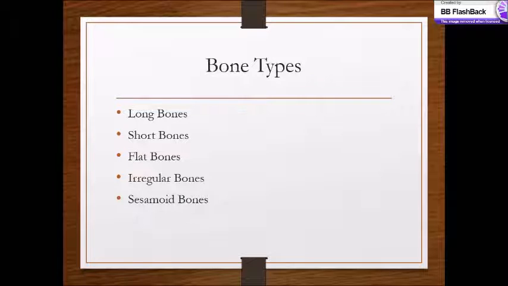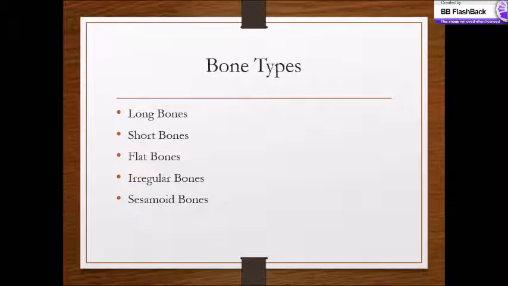A short bone would be a phalanx. A flat bone, like we said before, would be your skull bones. An irregular bone would be a bone in your foot, and a sesamoid bone is like a free-floating bone, such as your patella or the bones underneath your great toe.